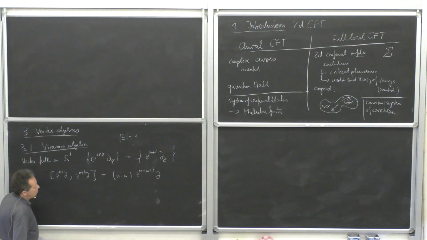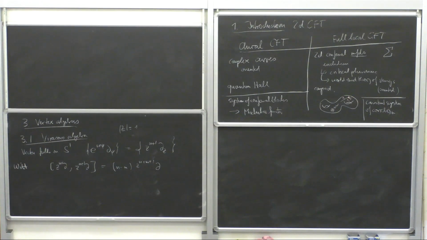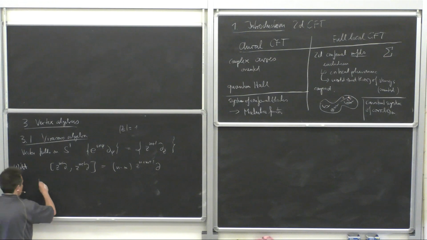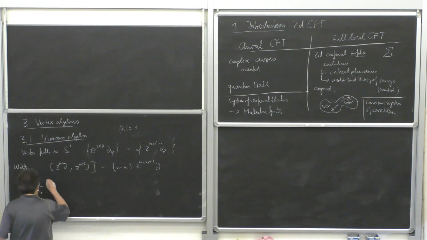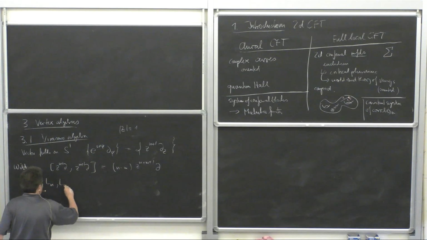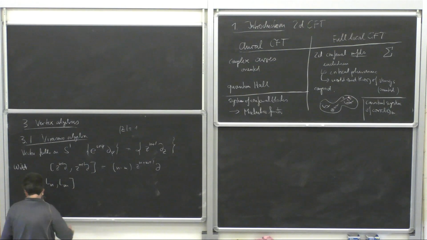Then it turns out that the Witt algebra doesn't have enough interesting representations. I'm not going to specify what interesting means, but it turns out that a central extension of the Witt algebra has enough interesting representations. So what is a central extension here?